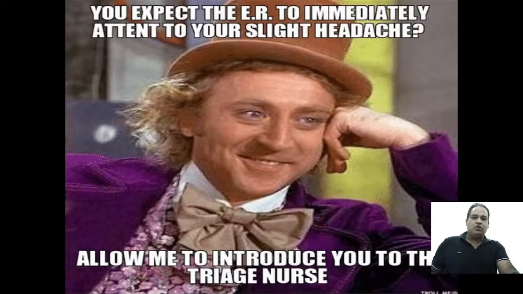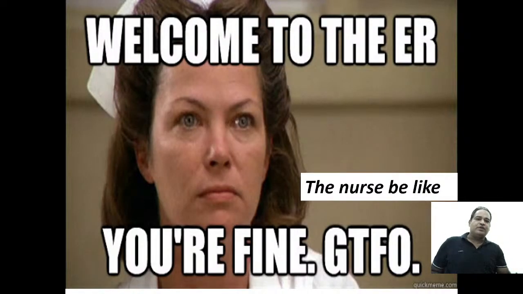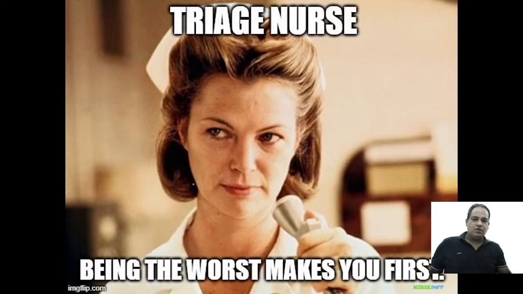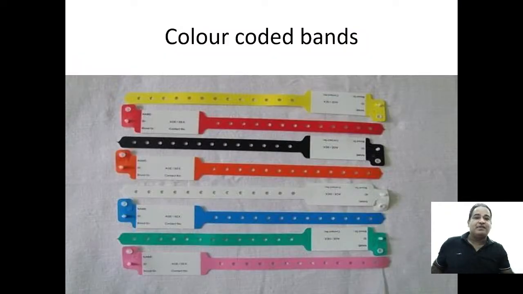So, triage. In triage, the one who is the worst will be attended first. You try to attend all the patients in such a way that the maximum possible number of lives can be saved.